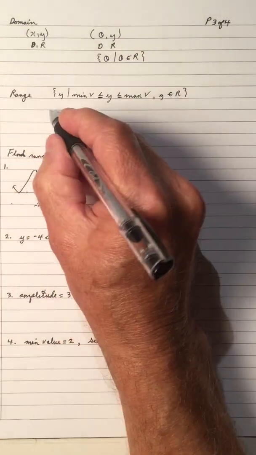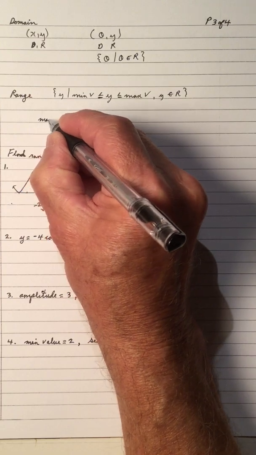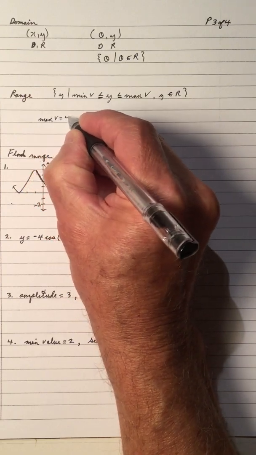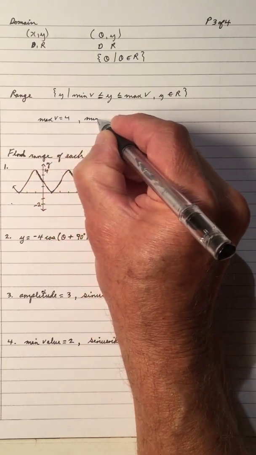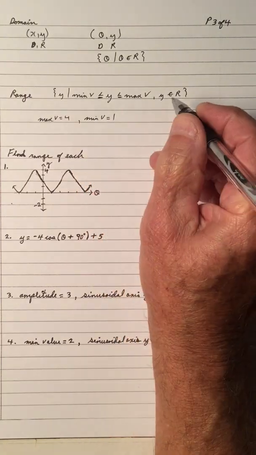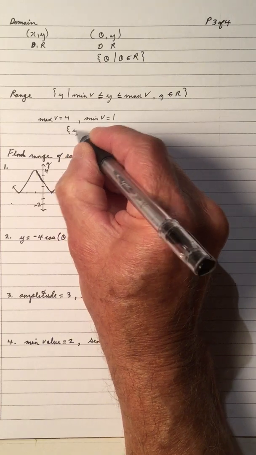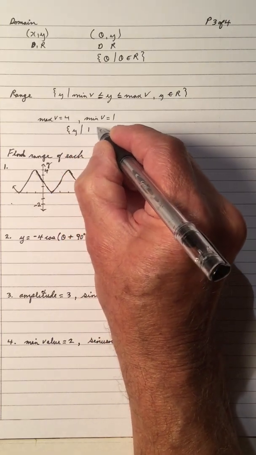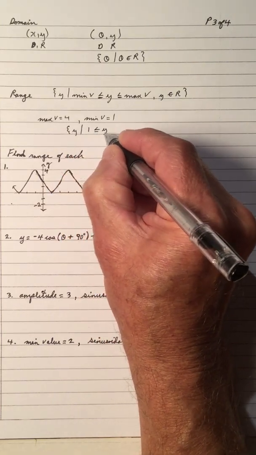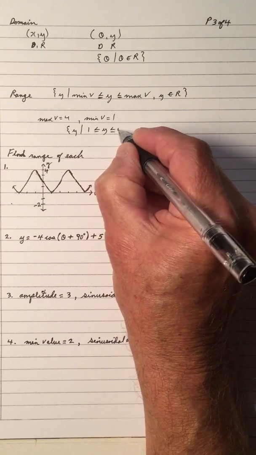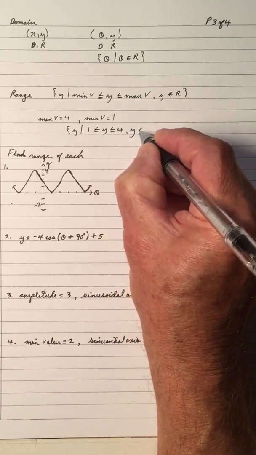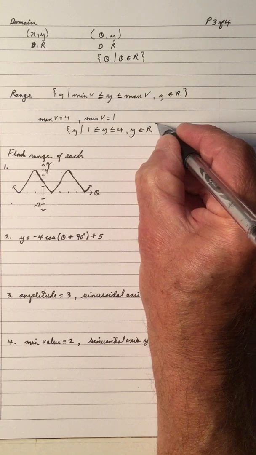So, for example, if we had a maximum value of 4 and a minimum value of 1, then the range would be the set of all y such that 1 is less than or equal to y less than or equal to 4, where y belongs to the reals.